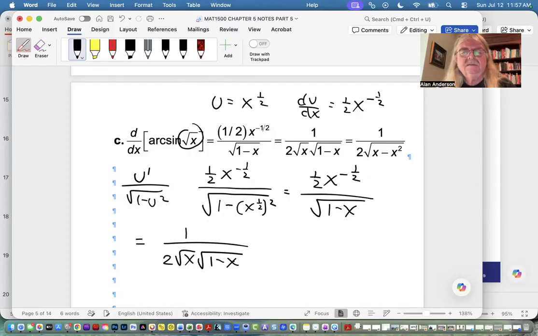And oh, so they multiply them together. I guess you could do this too if you want, but either one of these is fine.